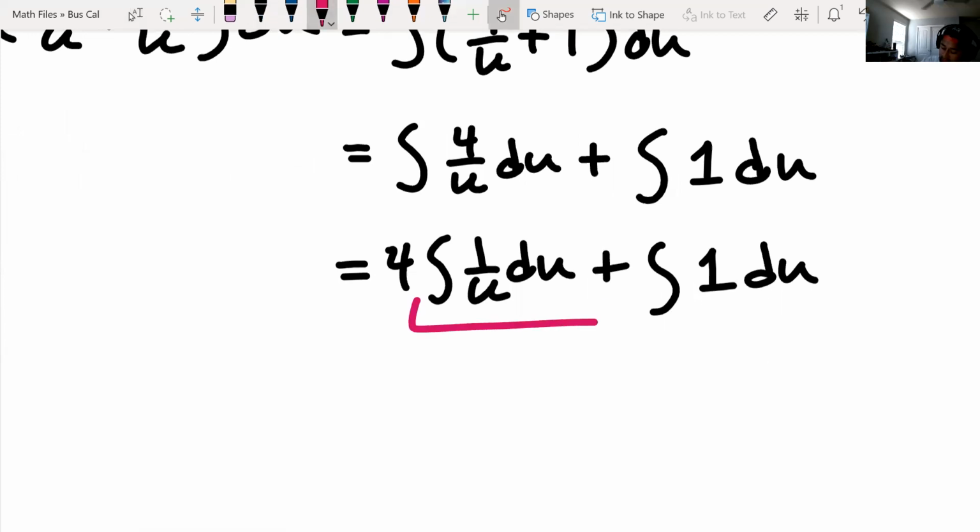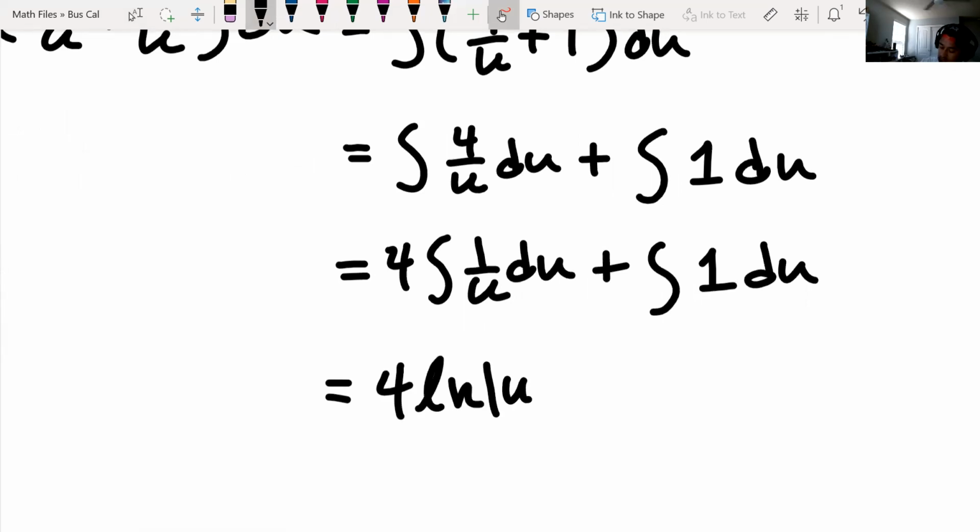This one uses the natural log property. So this will become 4 times the natural log of the absolute value of u plus the integral of 1 du uses the constant property. So this becomes 4 natural log u plus c.